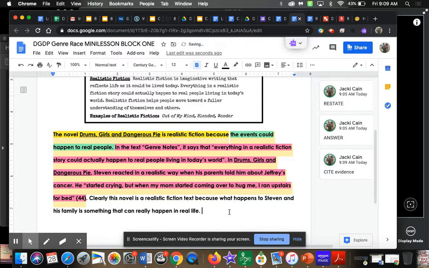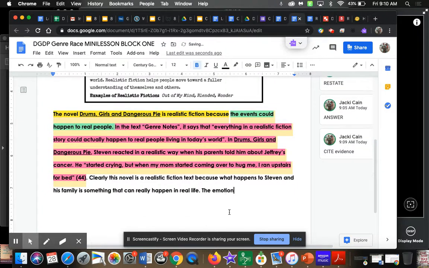And I'm going to elaborate and say the emotions that Stephen and his parents feel are very real and relatable, so that the reader can understand what others are going through.